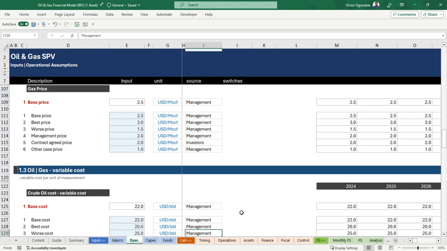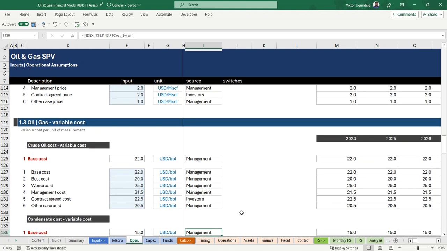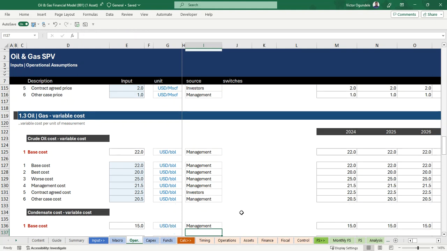Now, to the part of the cost. When we're saying operations, just know operation is basically how you generate money, and the cost that you need to bear to keep generating that revenue. So for the oil and gas, the crude oil variable cost, we've considered the variable cost per barrel.